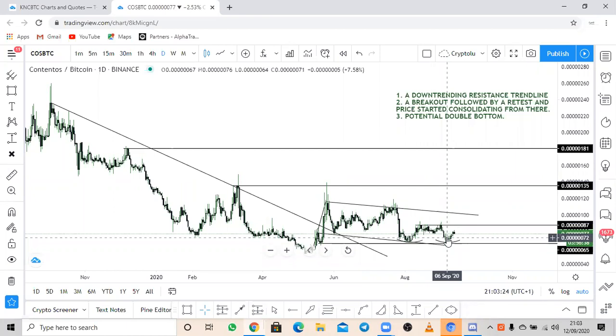So the potential double bottom will first come to this neckline here, break this neckline here, and get to this trend line here. Then when you get to this trend line here, the bullish flag pattern here will give it enough momentum, enough volume to go to this side here.